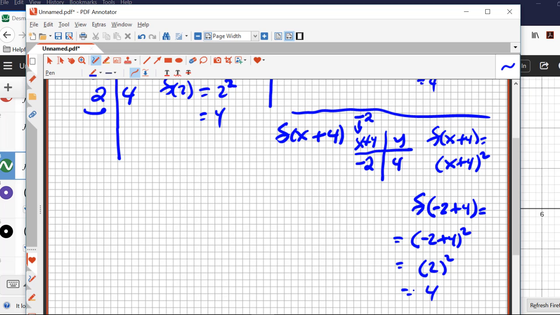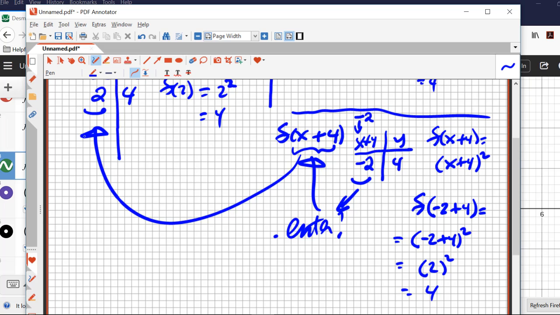Okay, so that is another way of looking at a horizontal transformation. Just ask yourself, what x value do I need to enter into this new function so that this part, this x plus 4, lands me on the old value that produced the same y value?